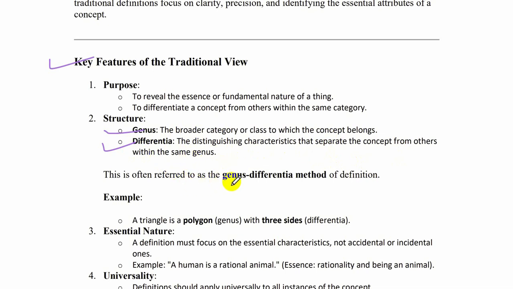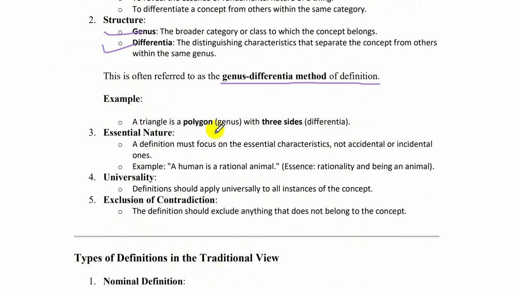This is often referred to as the genus-differentia method of definition. We'll look at it in more detail going forward. Example: a triangle is a polygon. We already saw this example. Polygon is a genus. It is a broader category. Polygon includes triangles, squares, rectangles, and so on.